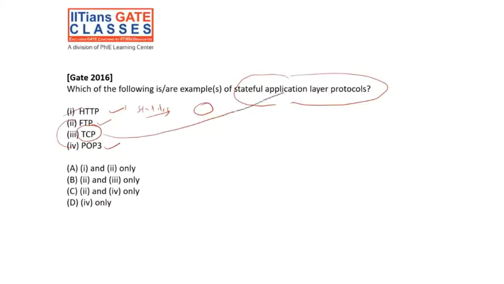TCP is not an application layer protocol, it is a transport layer protocol. If they are talking about the application layer, why are we talking about TCP? It doesn't make sense, right? So where 3 is there, this option is wrong. HTTP is stateless, this is also wrong. FTP, you know, is stateful. So the answer is C, right?